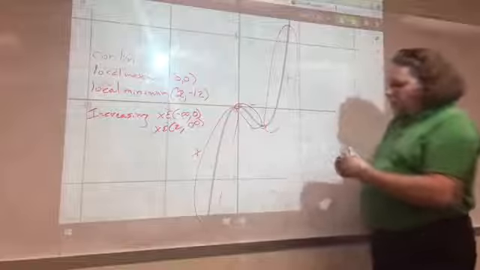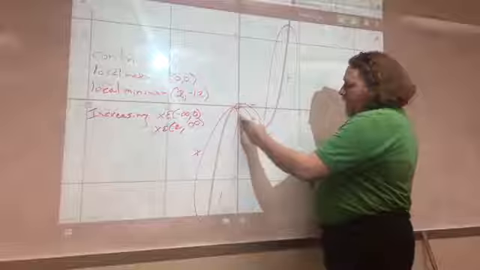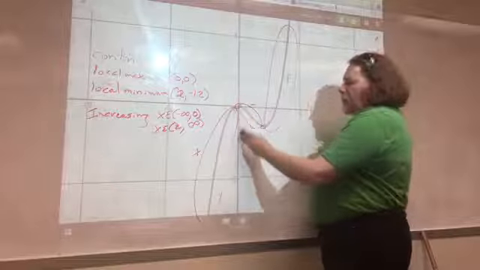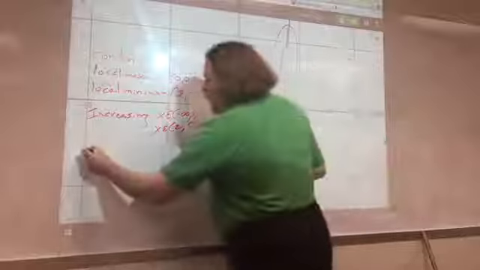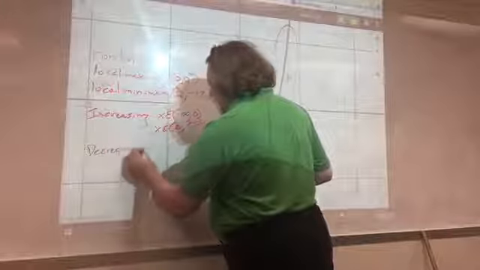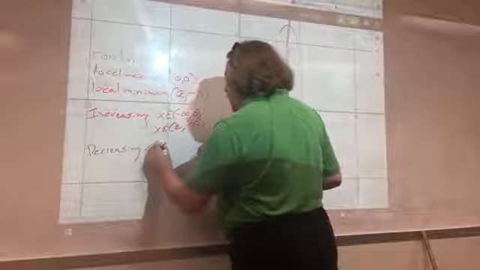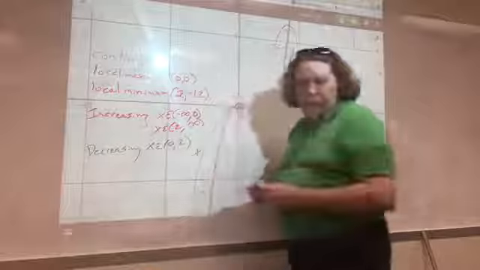What about a decreasing interval? Well, this graph has a decreasing interval from here, which is the origin, 0, to here, where x is 2. So decreasing, x goes from 0 to 2.